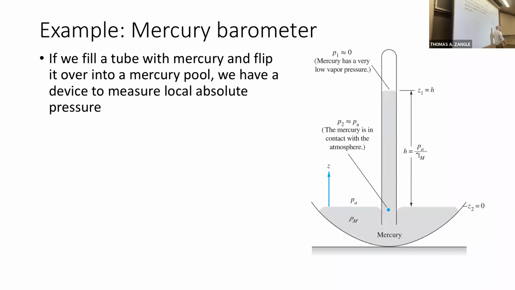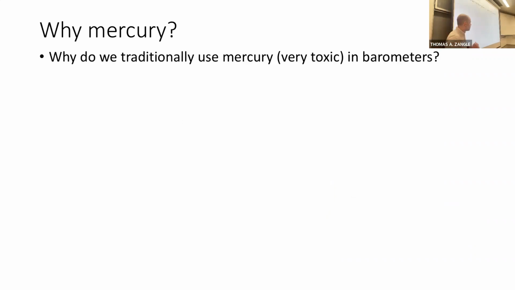So as we're moving up in this column, the pressure is getting lower and lower. And what we have up top is basically that, so the pressure there is about zero. It's really the vapor pressure, but that happens to be very, very low. So a question for you all, before we break for today and finish our discussion of chapter 2.